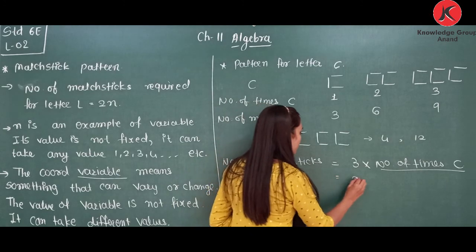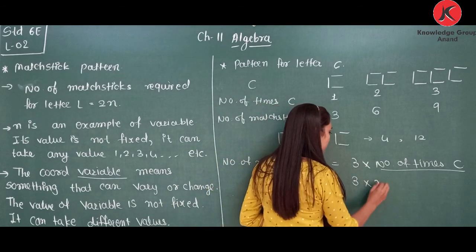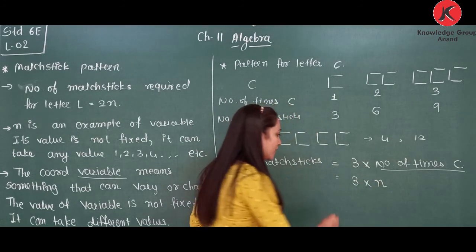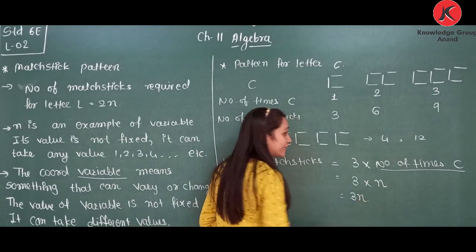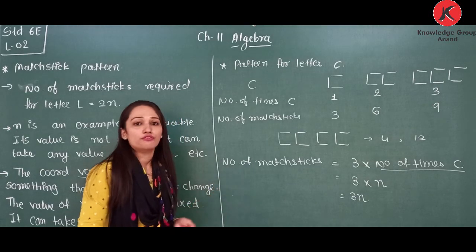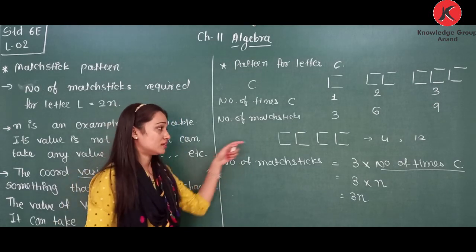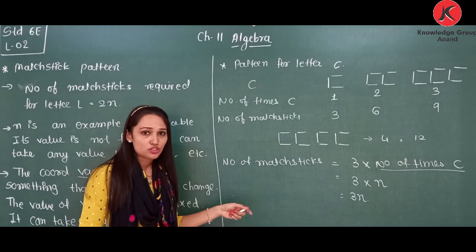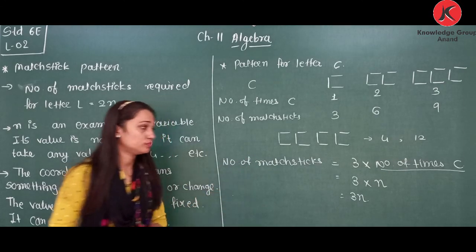So we take a variable, n, or you can say x. So that 3n is our pattern for letter C. You can also find the pattern for another letter. Here I take C, you can take H, you can take F.